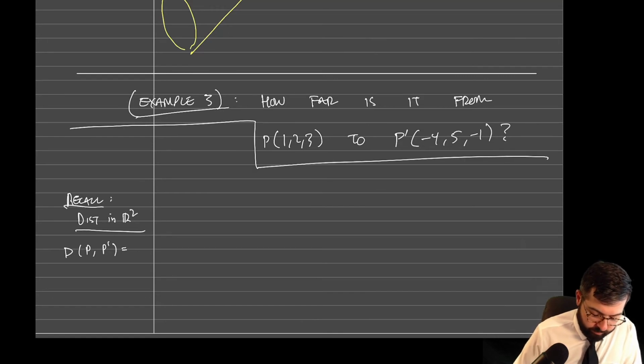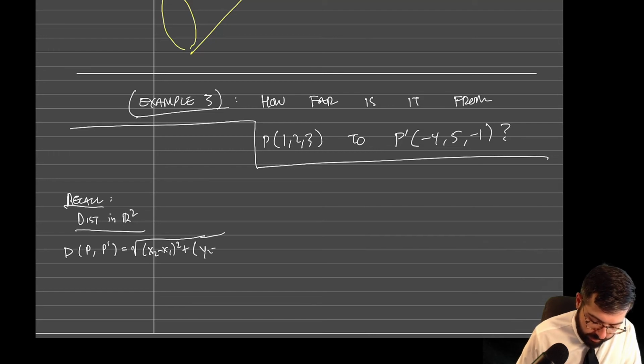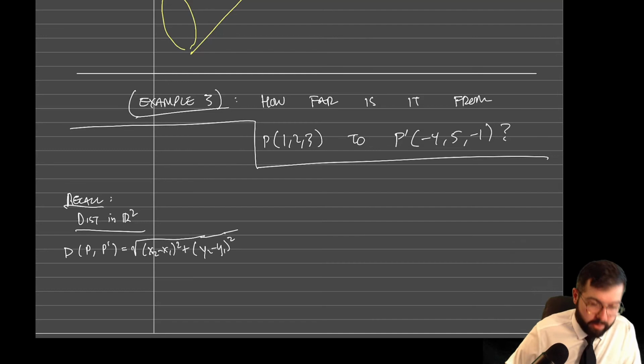Pythagorean theorem. Take the difference of their x coordinates and the difference of the y coordinates, each of those differences squared. x2 minus x1 squared plus y2 minus y1 squared, all square rooted. That would tell you the distance.